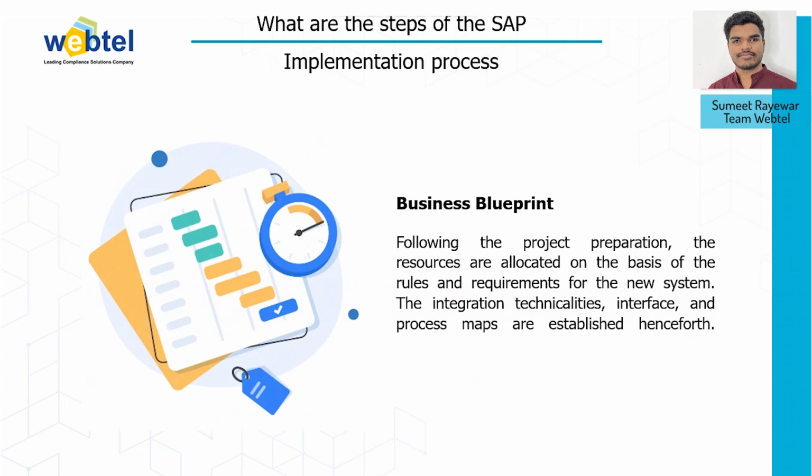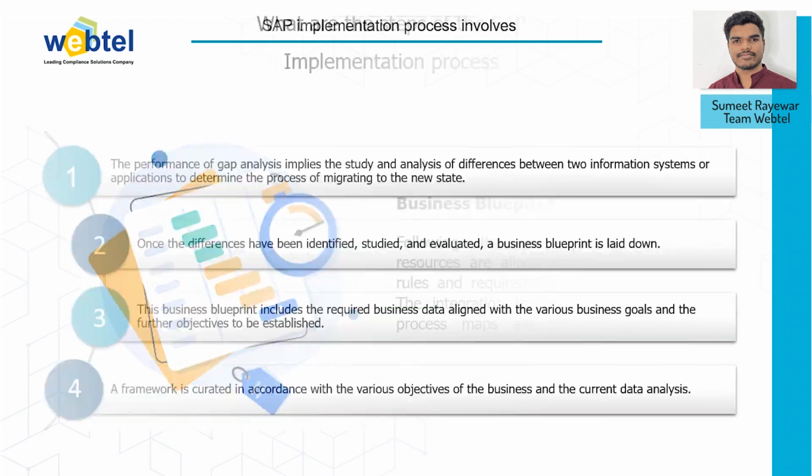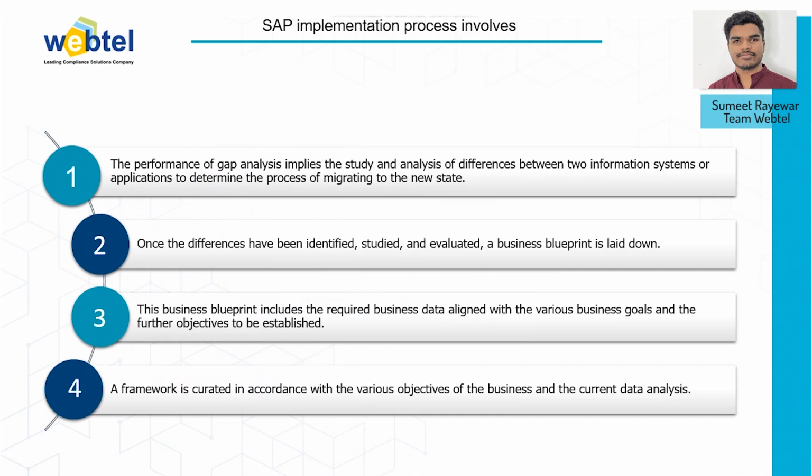In the business blueprint phase, following the project preparation, the resources are allocated on the basis of rules and requirements for the new system. The integration technicalities, interface and process maps are established. Henceforth, the performance of gap analysis implies the study and analysis of differences between two information systems or applications to determine the process of migrating to the new state.